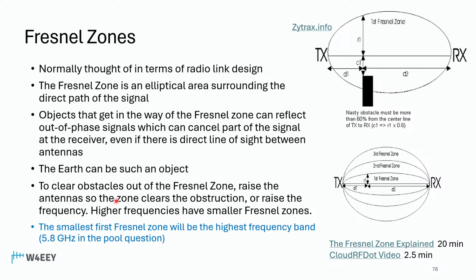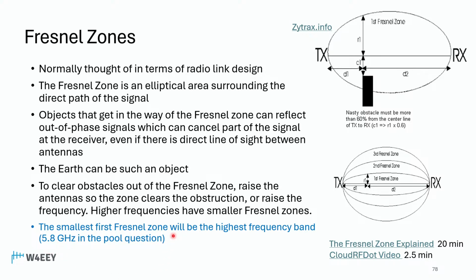So you either raise the antennas or you have to raise the frequency, because the Fresnel zone becomes smaller and smaller the higher you go in frequency. So the one pool question that we have on this says that the smallest first Fresnel zone will be the highest frequency band listed in the answers. 5.8 gigahertz is the highest one.